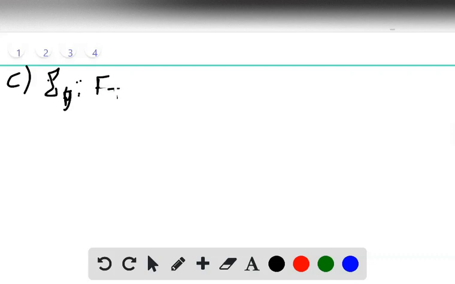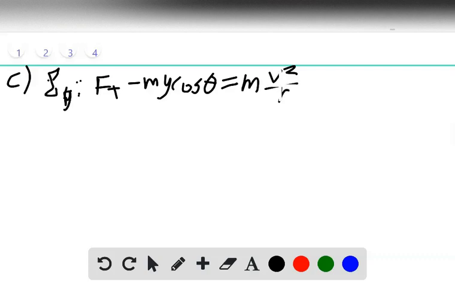So F of t minus mg cos theta. And this time it's not going to be equal to 0, because we're going to have some radial acceleration. So this would normally be Newton's second law, F equals ma, but radial acceleration is v squared over r. So we can replace that a term.